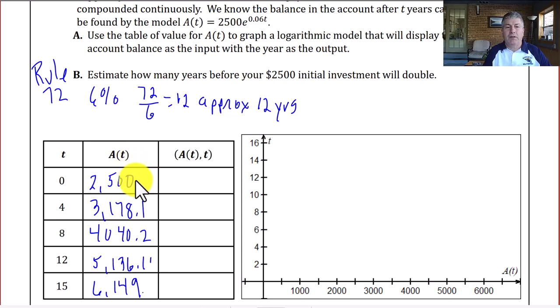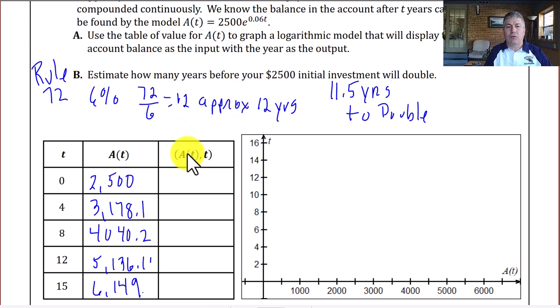So I filled in my output values for all of those input values of t. For answer B, as we saw from our table, it will take about 11 and a half years to double our money. That's consistent with our rule of 72.